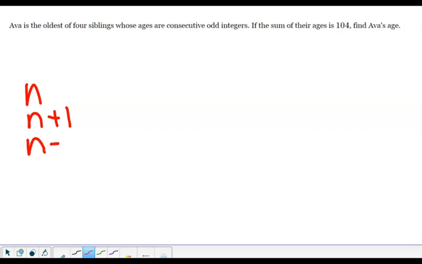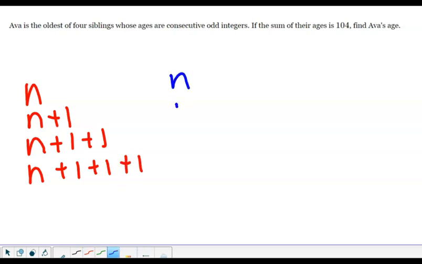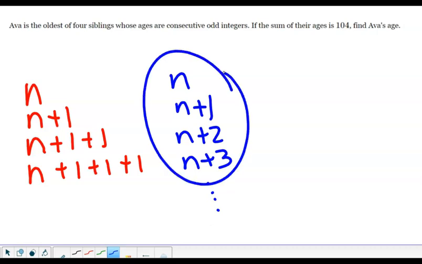And the one after that is going to be 1 more than that. And the one after that is going to be 1 more than that, right? So sometimes we simplify these to n plus 1, n plus 2, n plus 3, etc. These are the options of translations for consecutive integers.